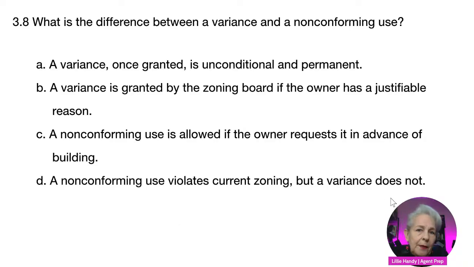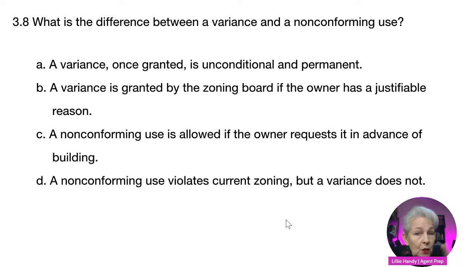Non-conforming becomes automatic. So a commercial area became residential, but there were businesses there. Those businesses continue to exist, but they're not conforming to now being residential. So they are considered grandfathered in. So the answer here says, a non-conforming use is one that clearly differs from current zoning.